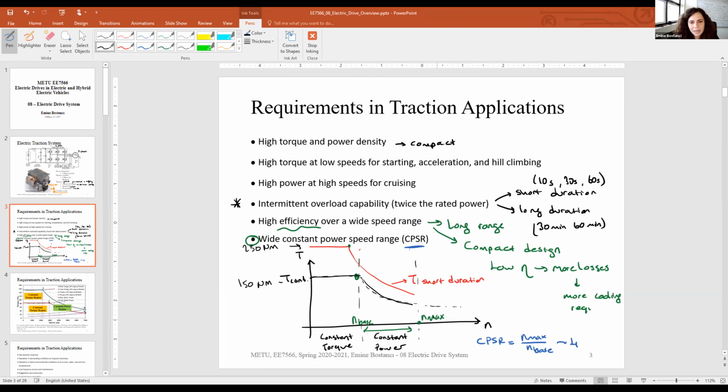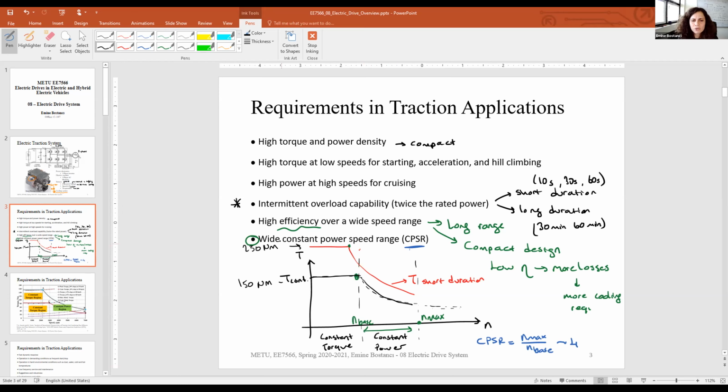So this wide constant power speed range is also related to the compact design. Of course, you can get a wide constant power speed range if you have lots of space for the electric machine. But it is hard to get all of them at the same time.